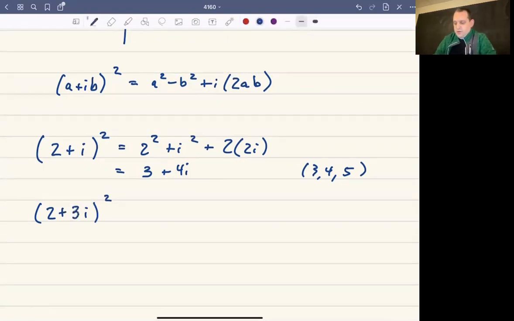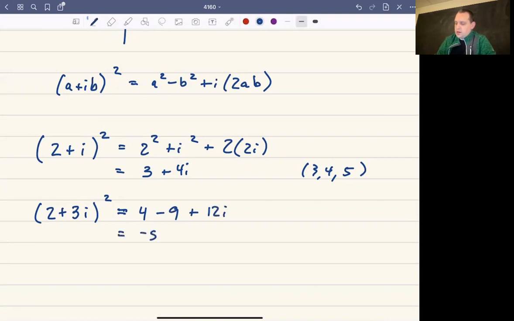So let's skip over that one, and let's look at 2 plus 3i. What's going to happen here? 4 minus 9 plus 2 times 6, so 12i.